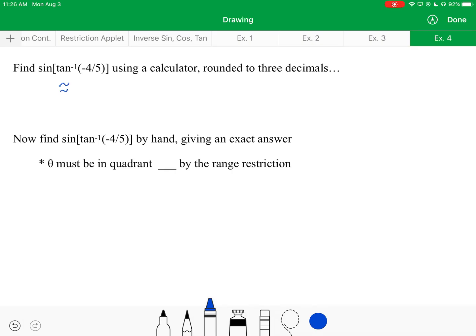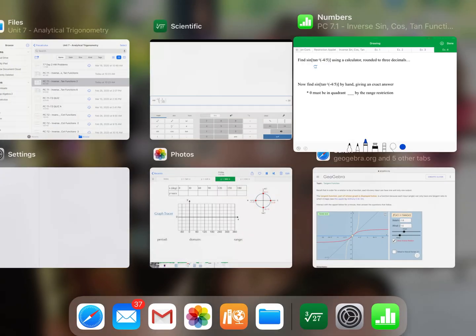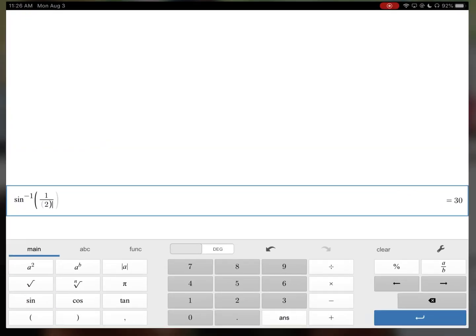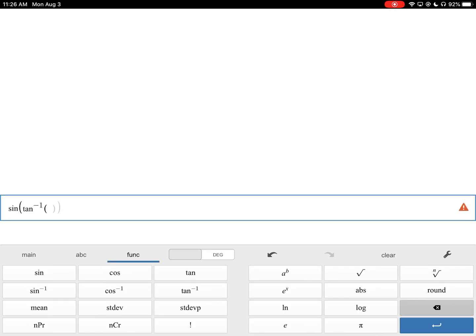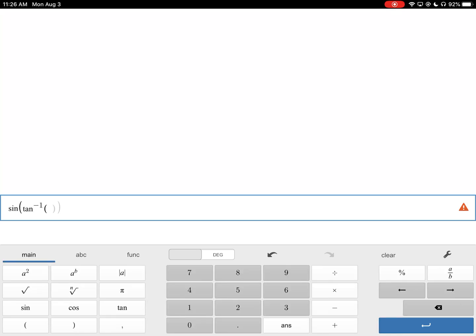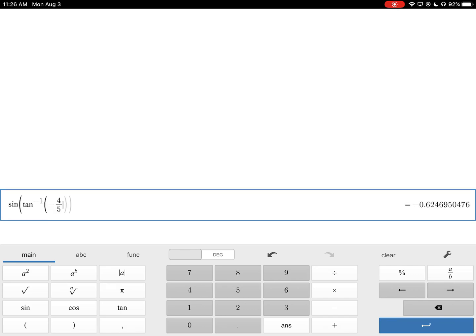That's easy enough. Let's go here, and we're going to find sine of inverse tangent of -4/5. You can see that's giving me -0.625 to 3 decimal places.